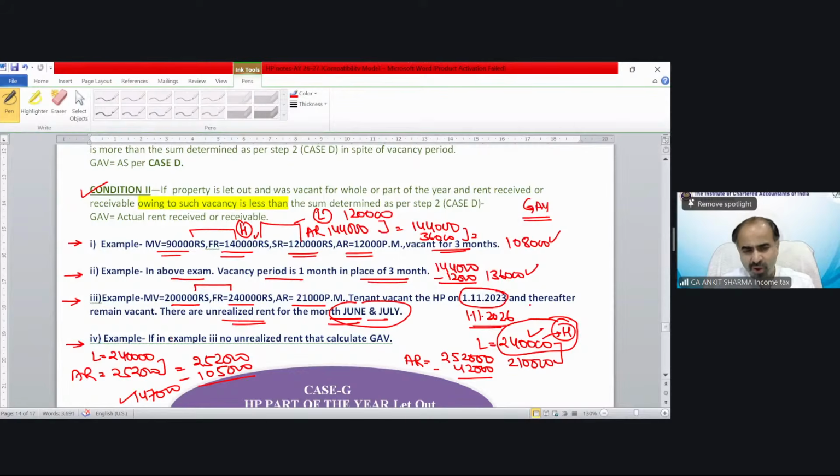Is it difficult now? As I have always told you, when we were going through provision F, you might have been thinking how complicated it is. But we just solved 4 examples and calculated the GAV within 5 minutes, I guess. Now you feel case F was also not difficult.